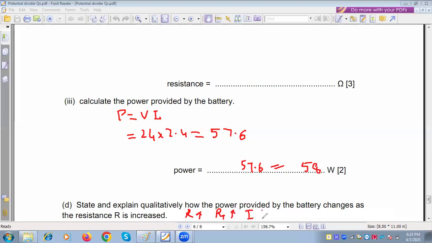When I decreases, you can see in the formula V into I, V is 24, and at smaller current the power will decrease, because the EMF is not going to change, that is still 24 volt. You can also use power equal to V square over R. V is same, R has increased. When the denominator increases, power will decrease.